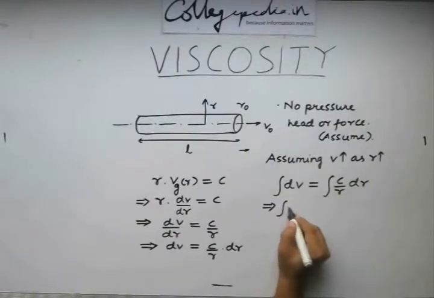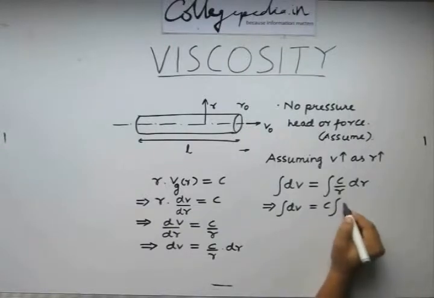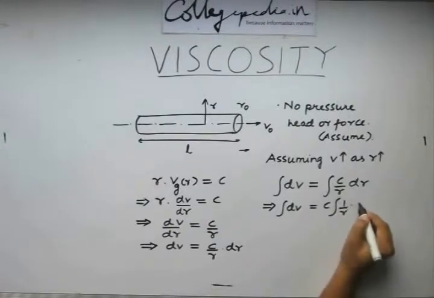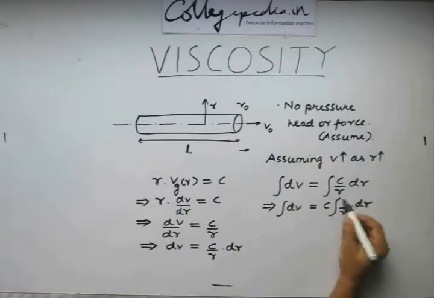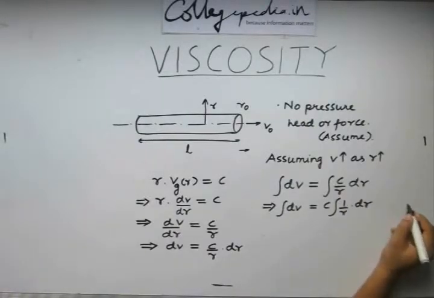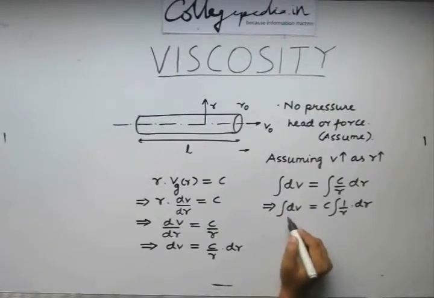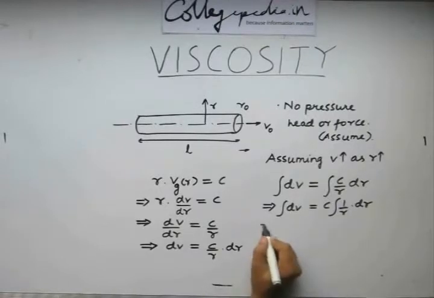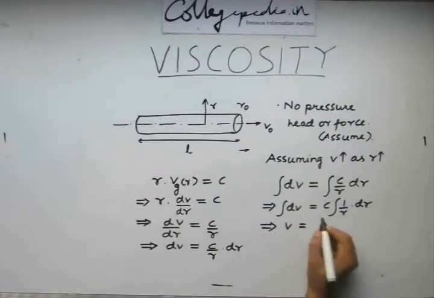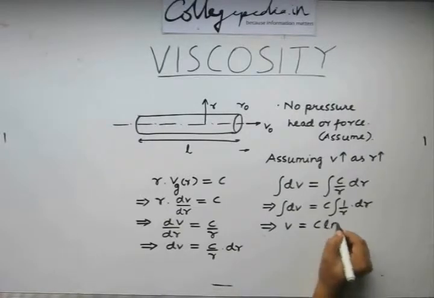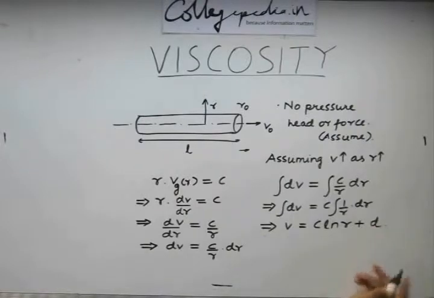So what we remain with is dv being equal to c into 1 by r dr. The integral of this quantity is ln of r, and the integral of this is going to be v. So we have v being equal to c ln of r plus some other constant, say d.